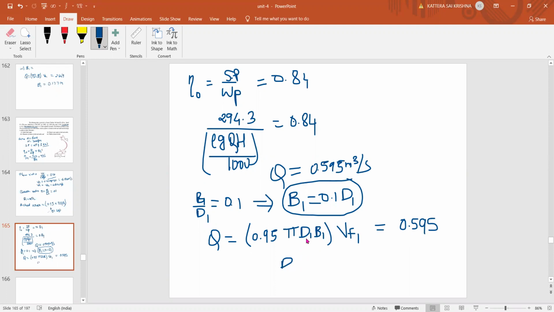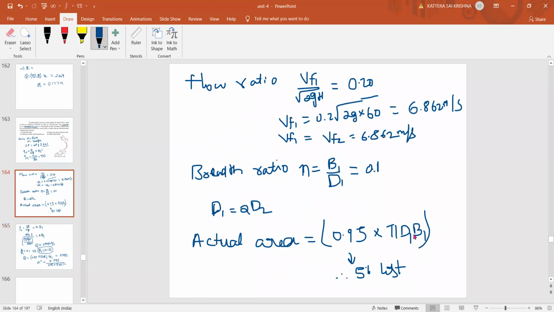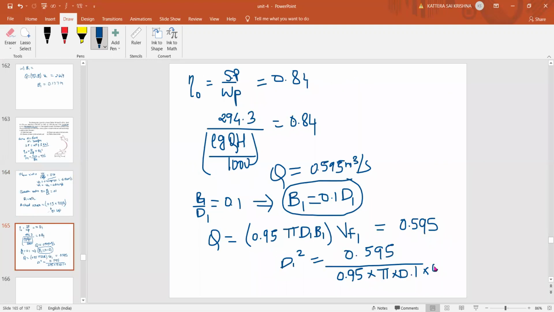So we can write, here I'm writing, D1 square is equal to 0.595 divided by, first you will get this 0.95 into pi into 0.1, that is 0.1 D1 square into D1, so one D1 will be left, into VF1. So what is the value of VF1? 6.862.